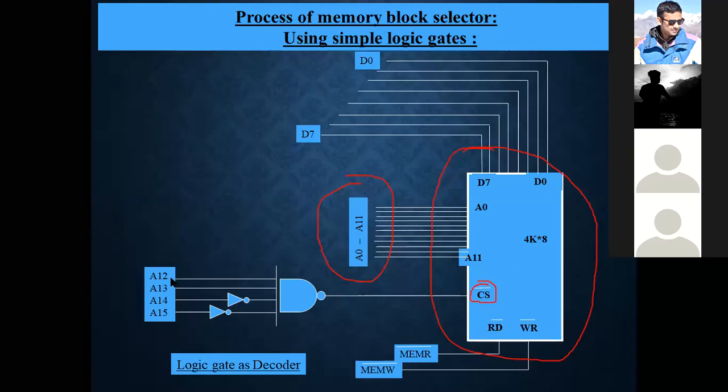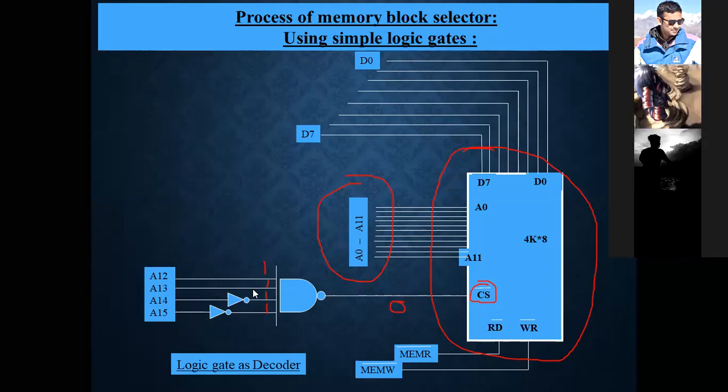So here the input must be 0 for this to be activated, and this is a NAND gate. The NAND gate output will be 0 only when all inputs of the AND gate are 1, because NAND is nothing but the complement of an AND gate, right?